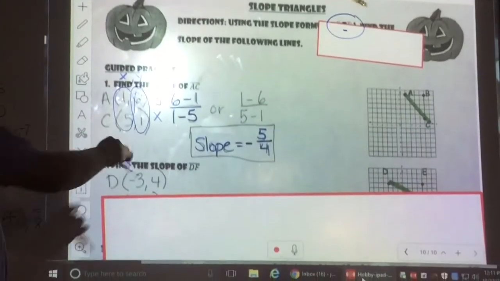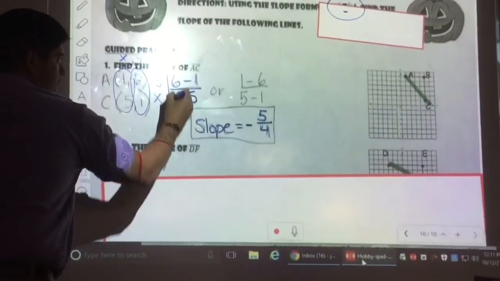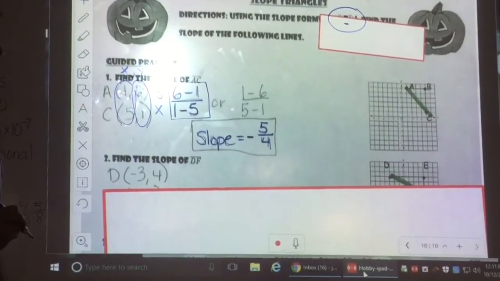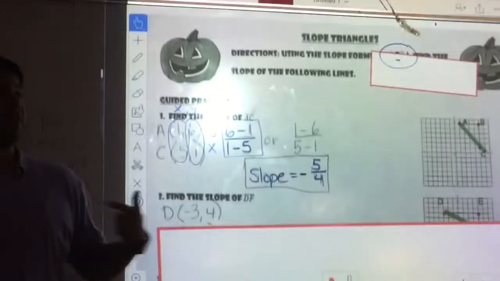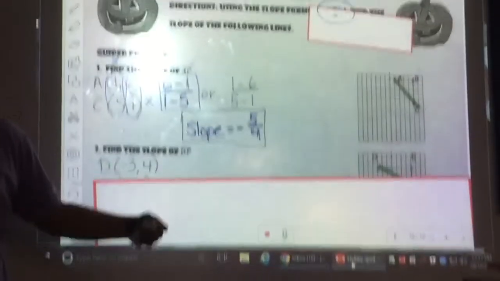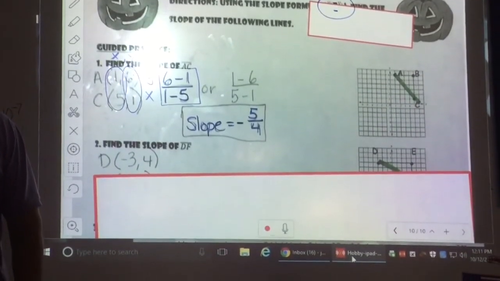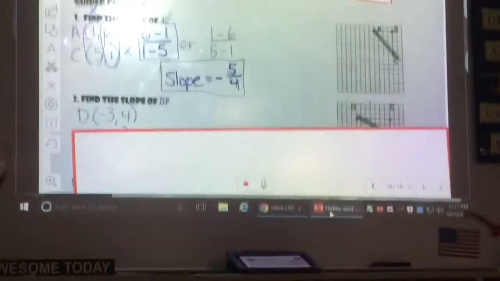So you need to have the 2 points written down, and then you must have this written down, because so many students make mistakes because they don't write this down, and they do it in their head and forget where they are. They forget whether they did the y values or the x values, or they mix and match them. Hopefully that doesn't happen.